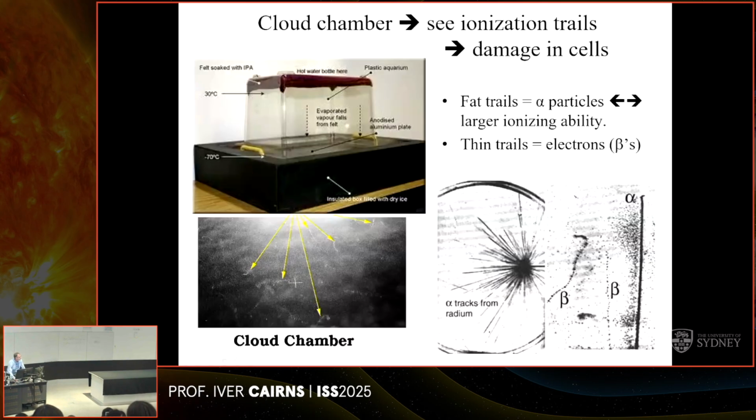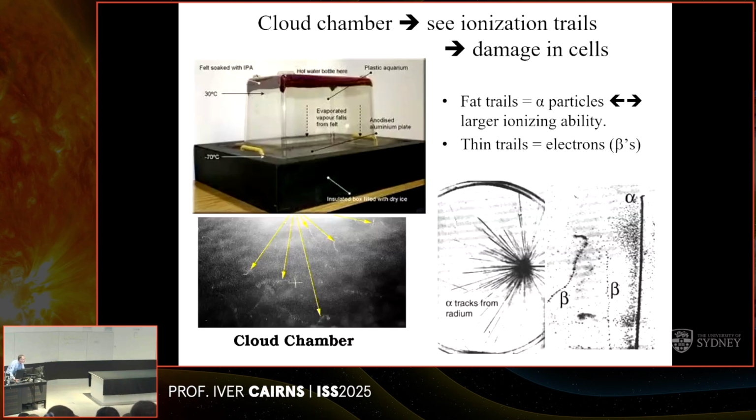The way it's done here in the school, but elsewhere as well, you basically have a container with quite a bit of water vapor in it. It's meant to be supersaturated, so that when an energetic particle goes through it, it can give energy up to the little water droplets in the air. And when it does so, it gives rise to a trail. So you can see some of these trails.